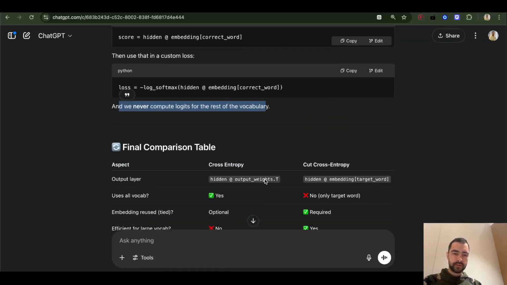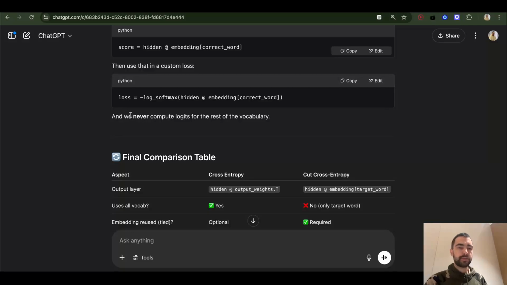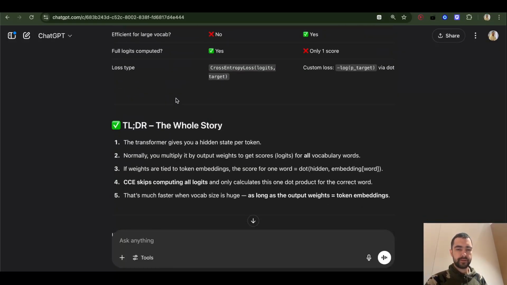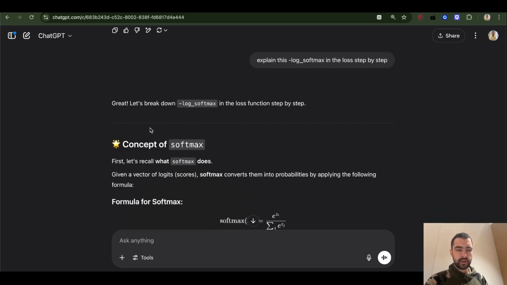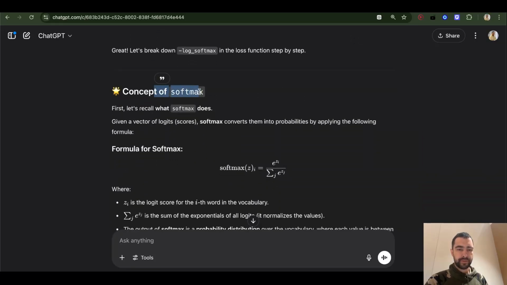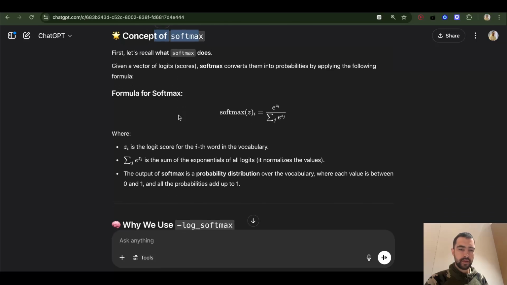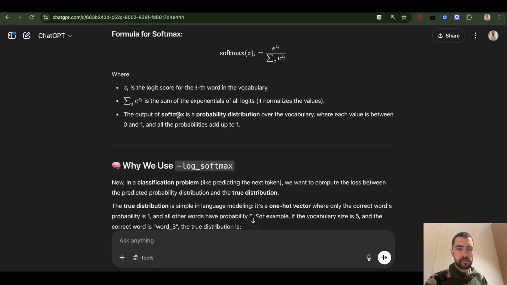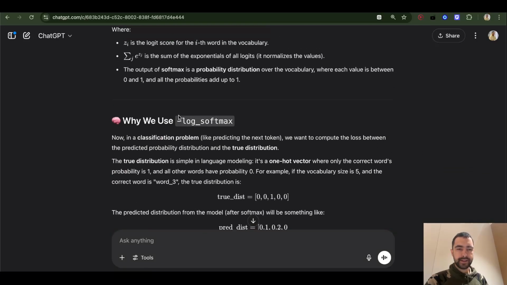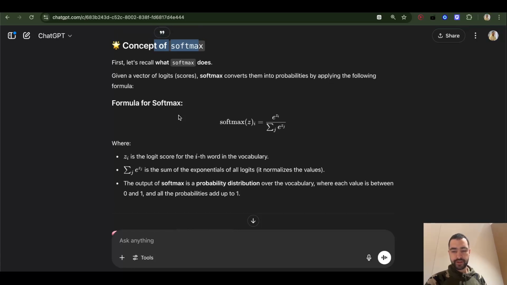Now let's explain this custom loss, minus log softmax and so on. The concept of softmax we already know, but I can repeat what it is.